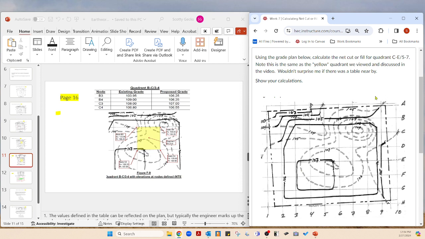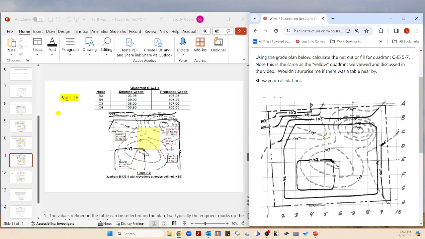Let's go back to this quadrant CE over here and look at the same node if we can. Remember, this is what we defined right here. This is what we defined as our quadrant, I believe.